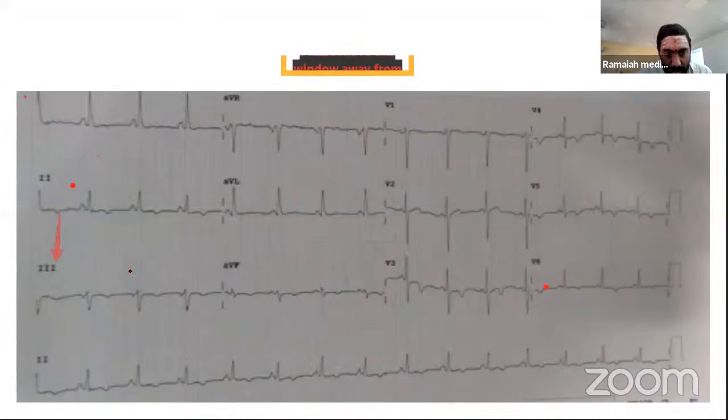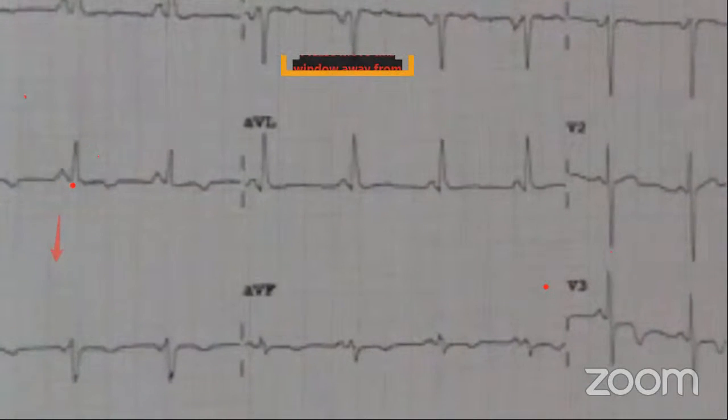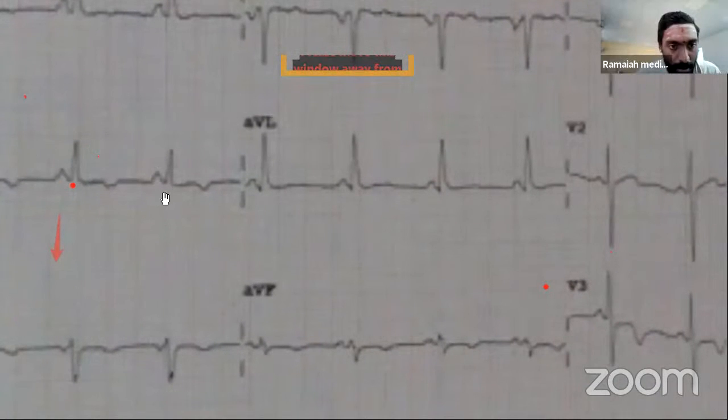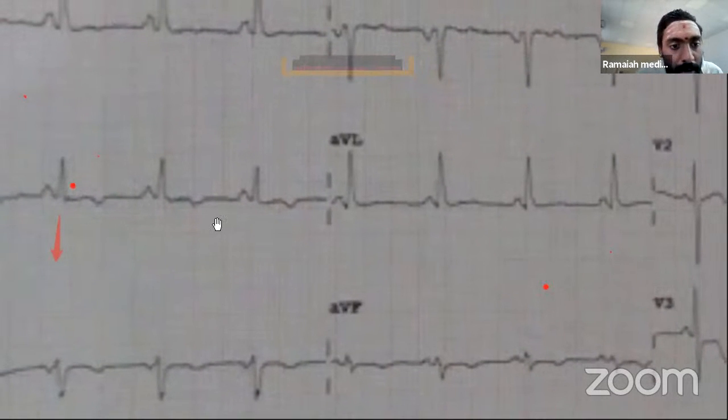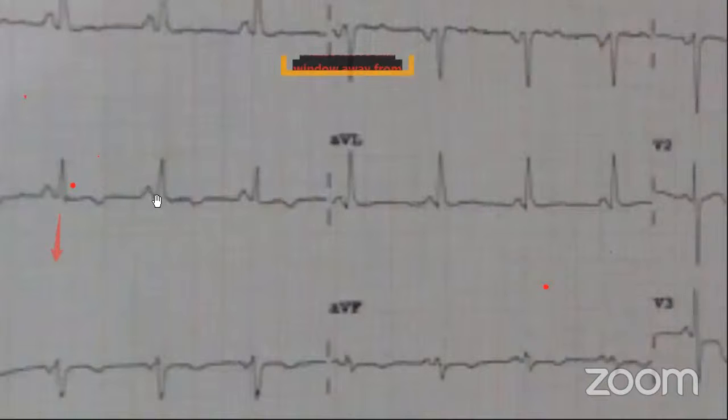Then you should look at the intervals. How are they? The PR interval is less than 1 box, sir. I'll tell you how much it is. It's from the onset of the P till the onset of the QRS. It is three boxes.